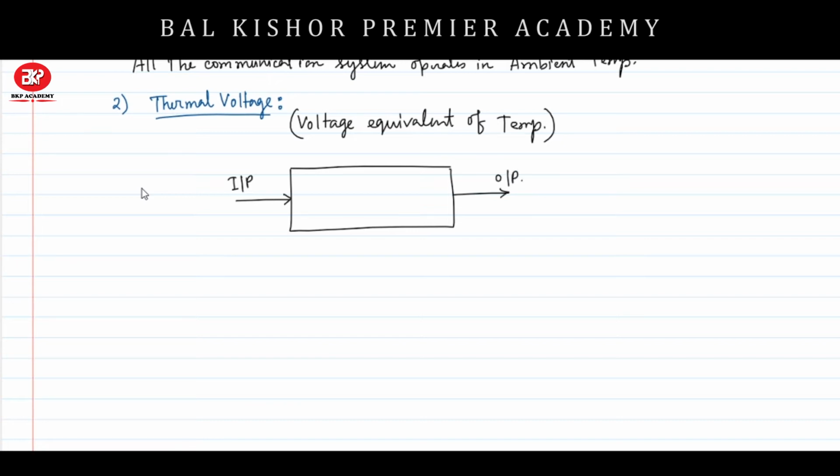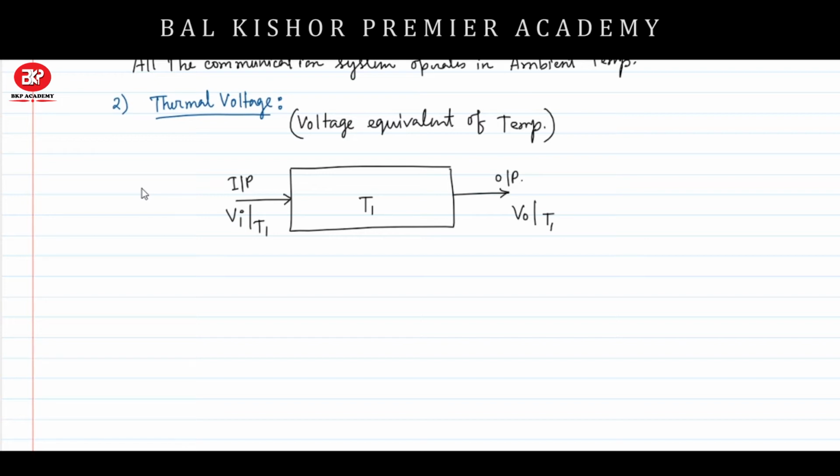Now at any temperature, let us consider a temperature T1, and at this temperature, if I give the input voltage Vi, then there will be some output voltage at the device, V01 at T1.